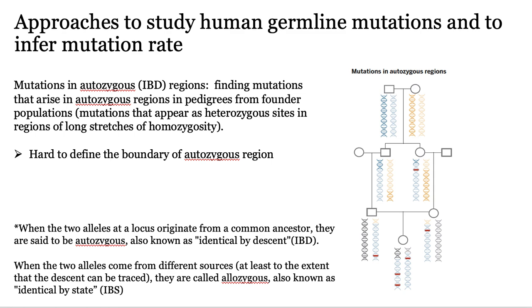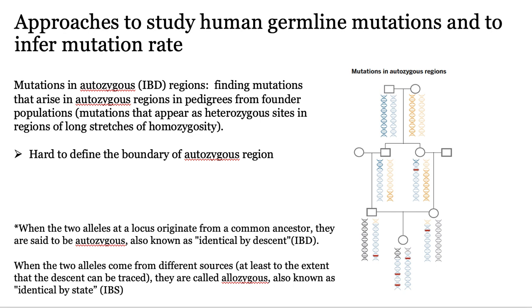By comparison, sometimes two sequences could be the same, but it was not because they descend from the same ancestor. It's just because they happen to be the same. That's called identical by state. They are identical, but they are not from the same ancestor.